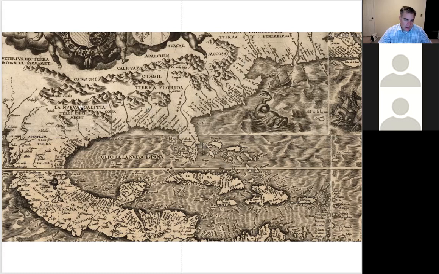However, if you look at the interior of North America, that was pretty much a matter of fancy over fact, as Brown would note. They knew there were interior mountains, but they didn't really have any idea of the extent. So those mountains are about as realistic as the sea monsters out here in the Atlantic. So that's an older map, just to give you an idea of the developing sense.